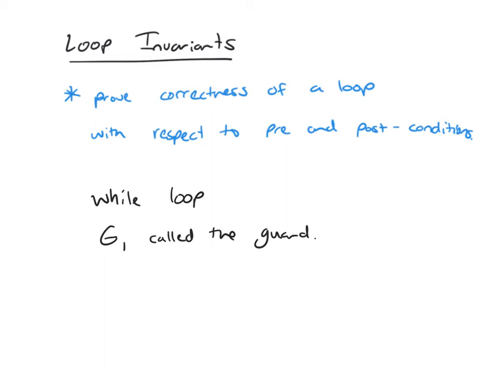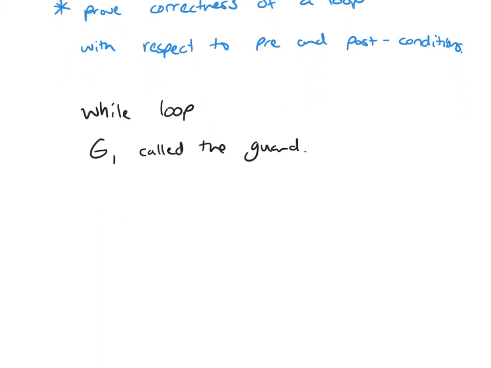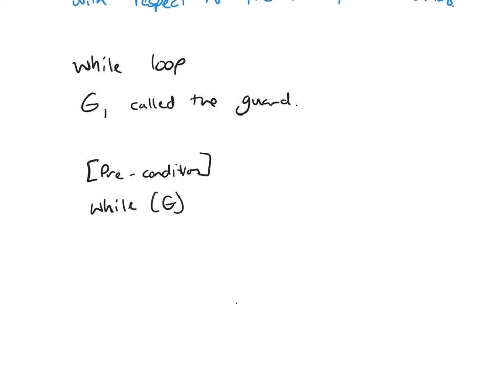So this while loop looks something like this setup right here, where we have our precondition, we have while, our guard, and then some kind of statements within here.